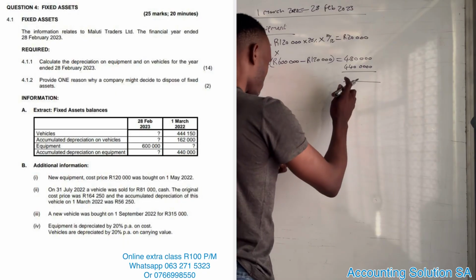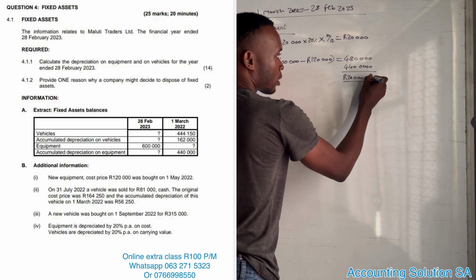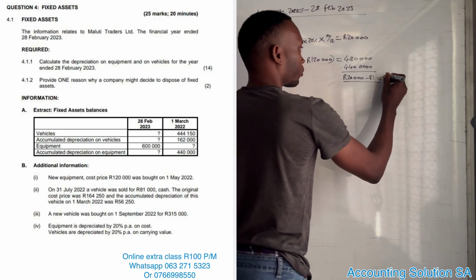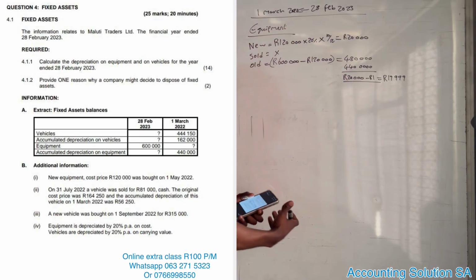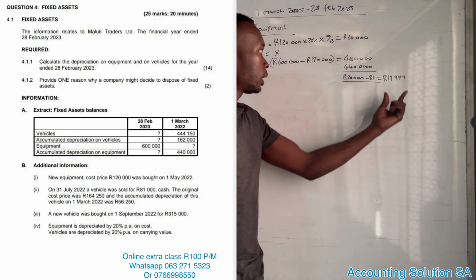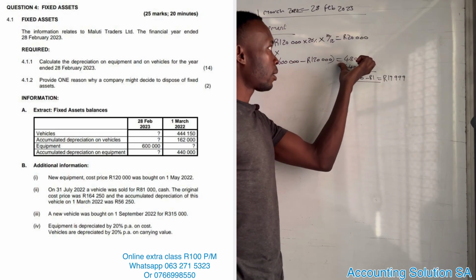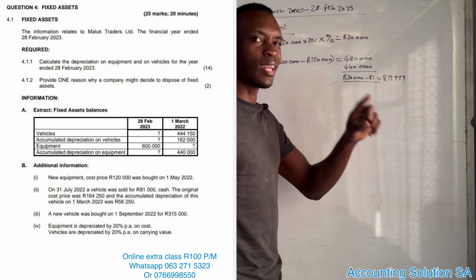If you subtract these two, I think you're going to get 20,000 minus the 1 rand rule. It's going to give you 19,999. In other words, our depreciation now, when we add it to accumulated, gives us cost minus accumulated, which leaves 1 rand.